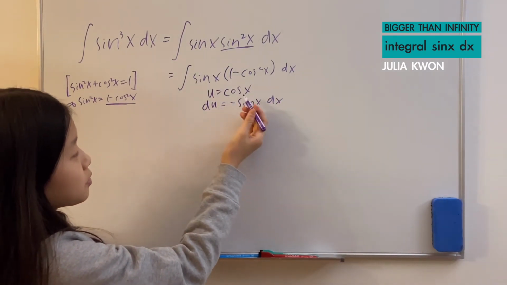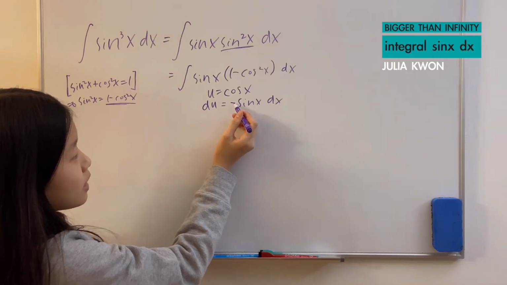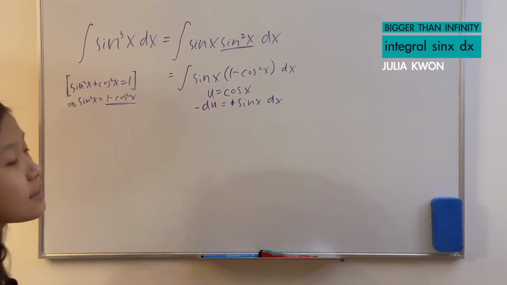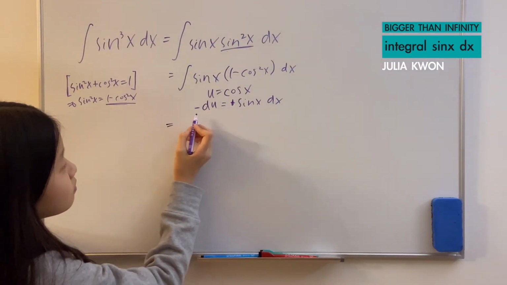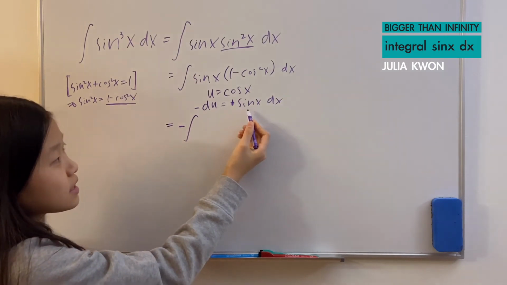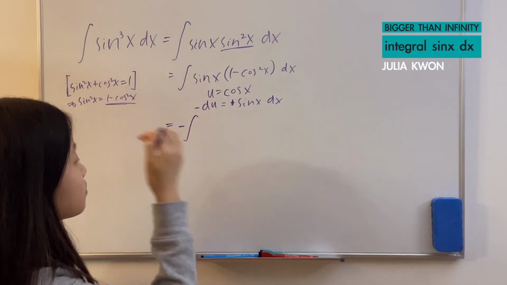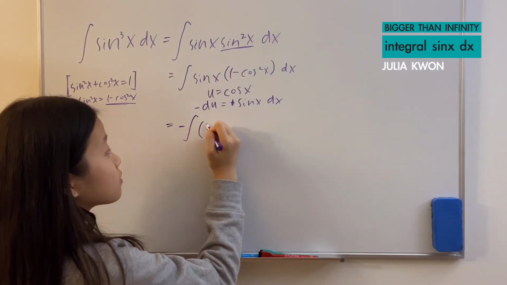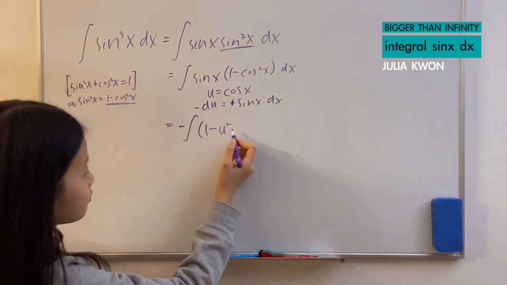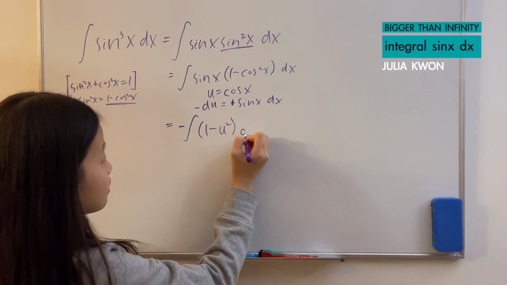We're going to multiply negative 1 on both sides, and so we would get negative du is equal to sine x dx. The negative can go in the front of the integral. We replace sine x dx with du, and cosine x is u, so u squared and du.